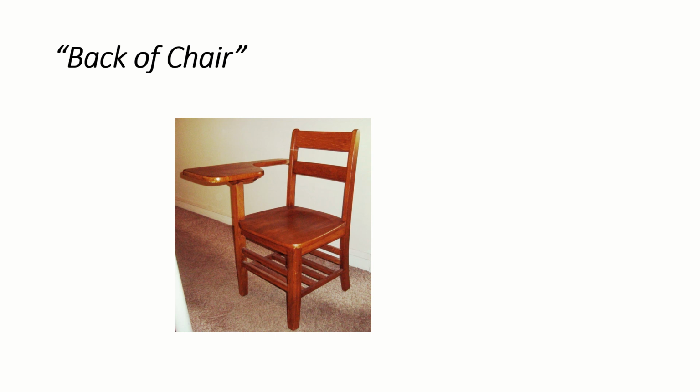Then the back of a chair is approximately 1 meter. As I said a while ago, a meter stick is 1 meter. So if you put the meter stick at the back of the chair, that would probably be approximately 1 meter.